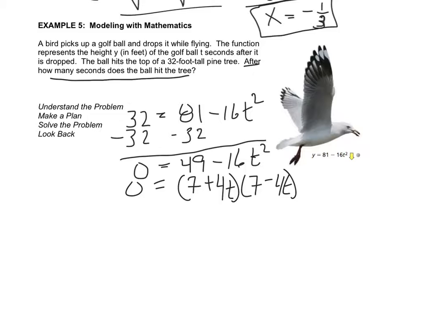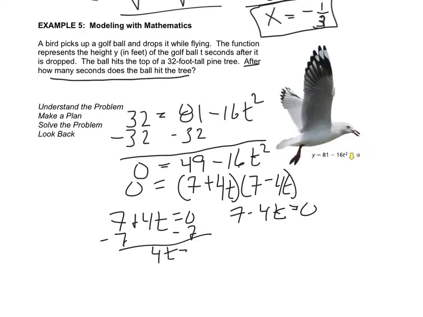I need to use my zero product rule to break apart these two numbers. So this would become 7 plus 4t equals 0, or 7 minus 4t equals 0. And then we just solve. So I would subtract 7 from both sides to get 4t equals negative 7, which means t equals negative 7/4.